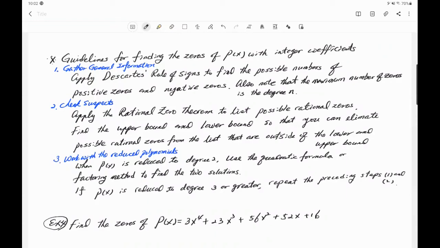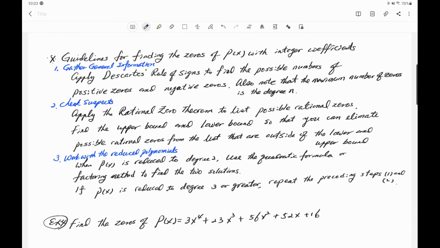Then, if we know the upper bound and the lower bound, we can eliminate possible zeros from the list. We can use only the numbers greater than the lower bound and less than the upper bound. To get the upper and lower bounds, we start from positive 1, 2, 3, 4, and so on, and then negative 1, negative 2, negative 3, and so on. So the important thing is to write a list of possible rational zeros.